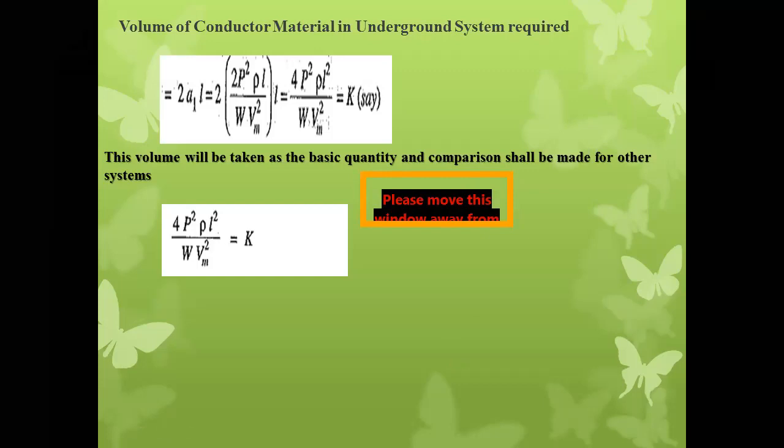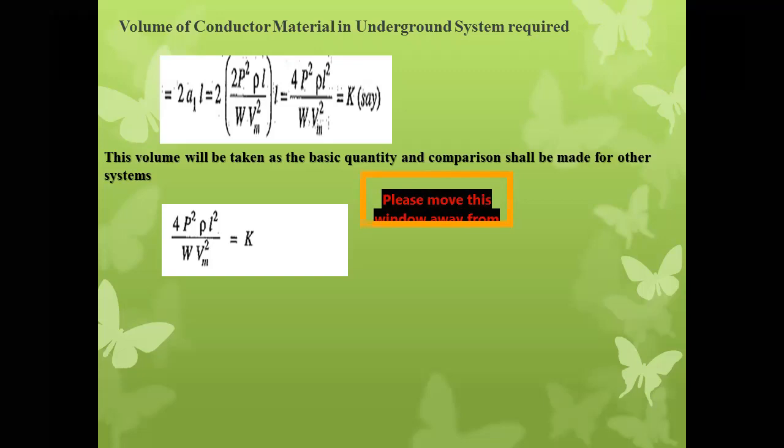This volume will be taken as the basic quantity and comparison shall be made for the other systems. In the overhead system, we have seen that a 2-wire DC system with one conductor earthed is used as a reference supply scheme, and we compared all the remaining supply schemes with this first case.